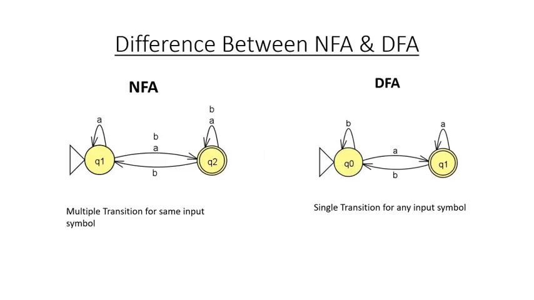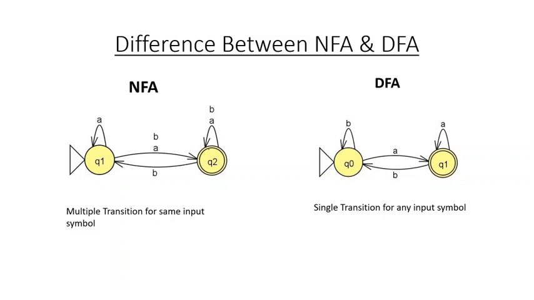So let's first see what's the difference between NFA and DFA. Apart from lambda transition, we can directly say from the transition diagram which one is NFA and which one is DFA. On the left side of the diagram, in the NFA, we can see from state Q1 there is a transition for the same symbol A from Q1 to Q1 and Q1 to Q2.